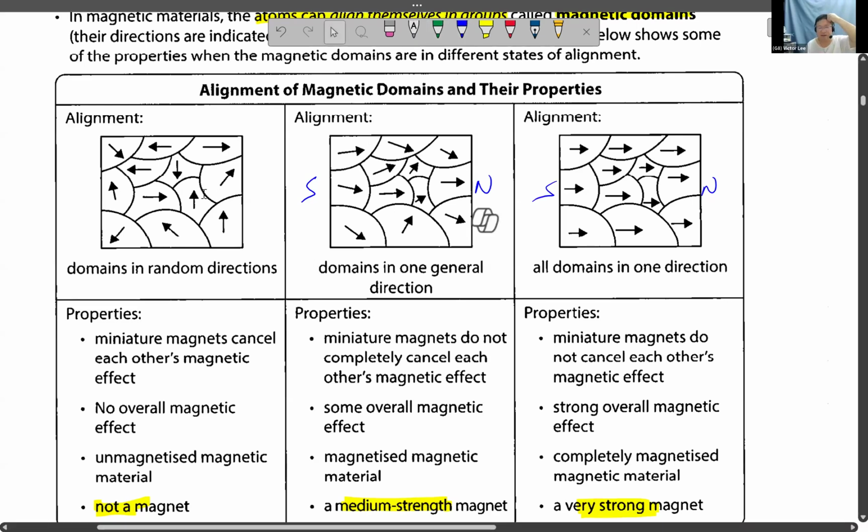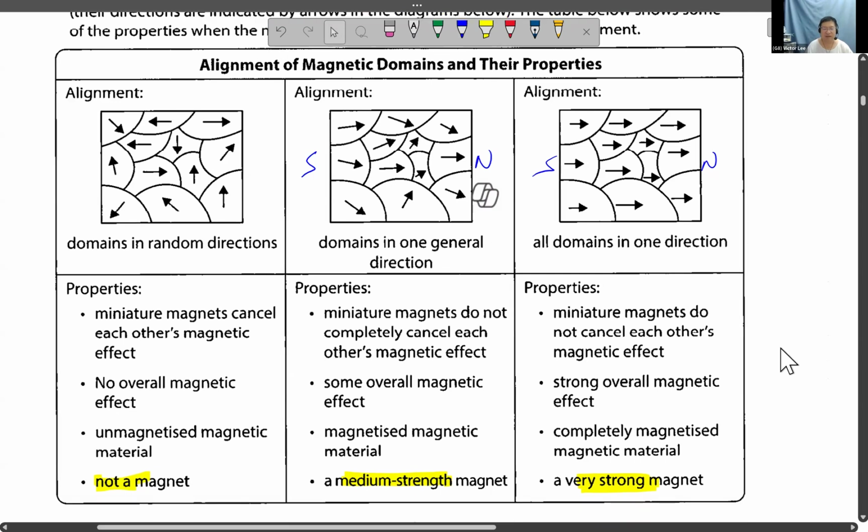So just imagine in a piece of magnet, there are millions and millions of these. If they're all aligned, it means it's a magnet. If they're not aligned, it can still be a magnetic material. If you put a magnet near to it, they will align by themselves, and the orientations will start to point towards the magnet.